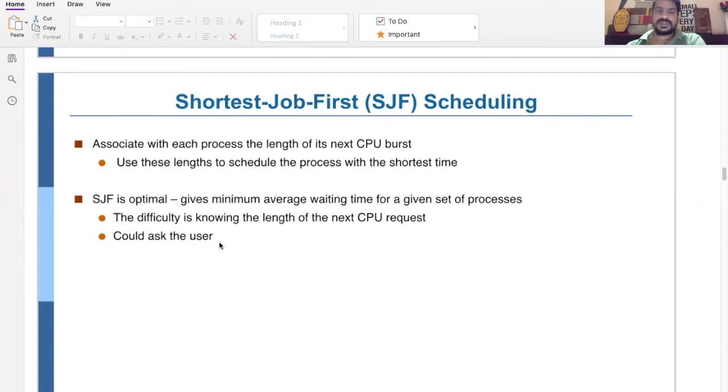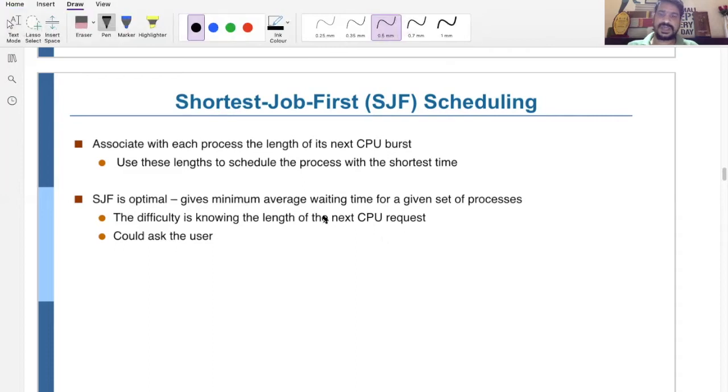The reason behind the difficulty of implementing shortest job first is only one: to know the length of the next CPU request. We don't know how much time it is going to take. If we don't know, it will be very difficult to find out which one is shorter and which one is longer.